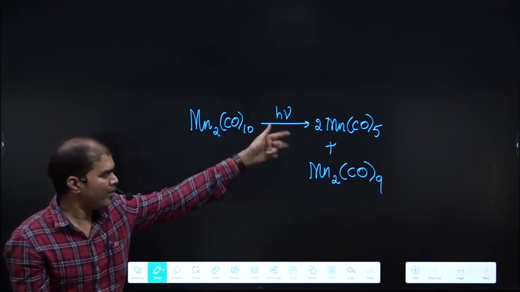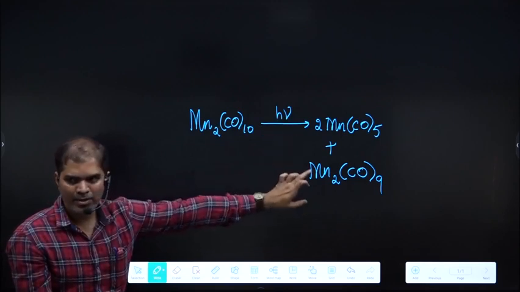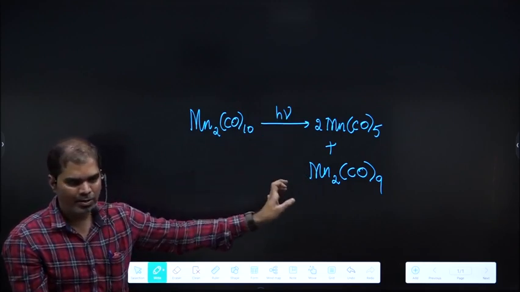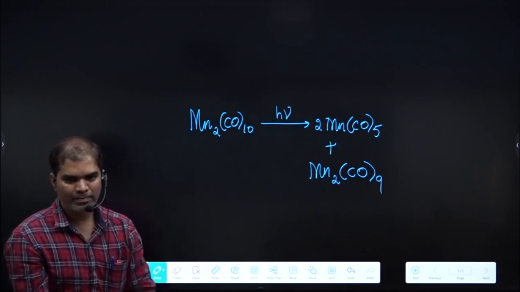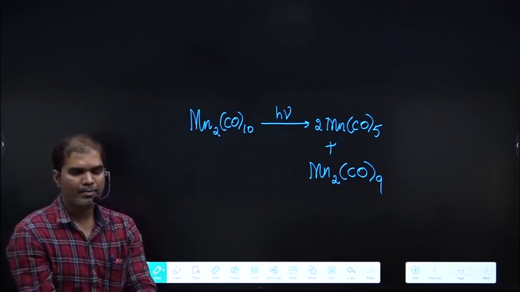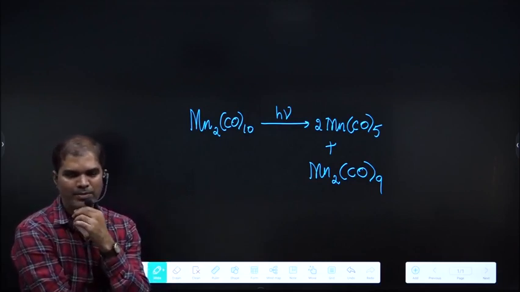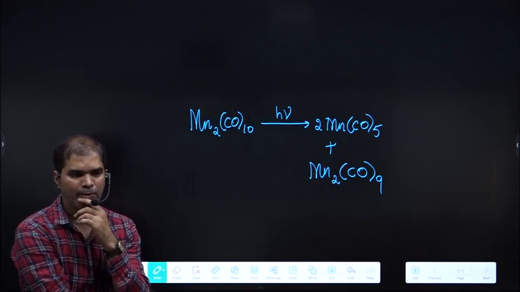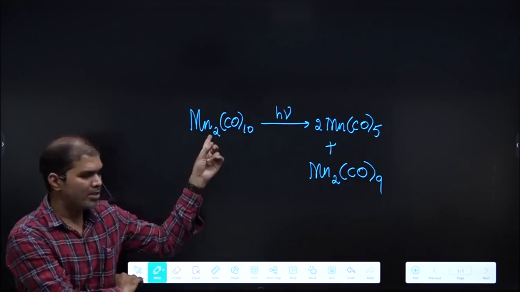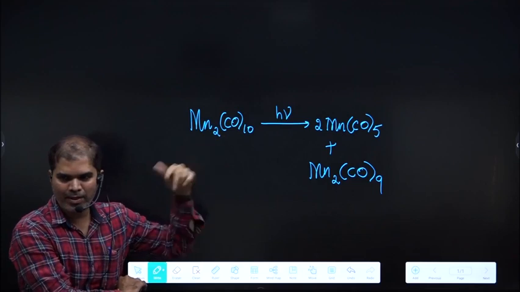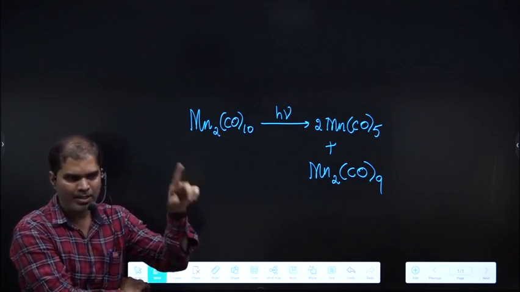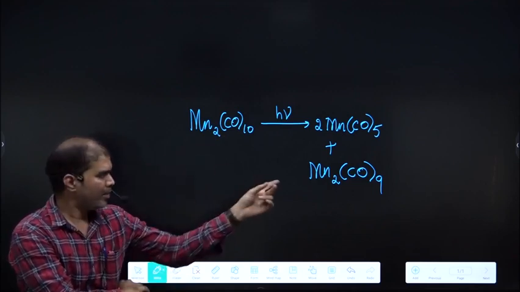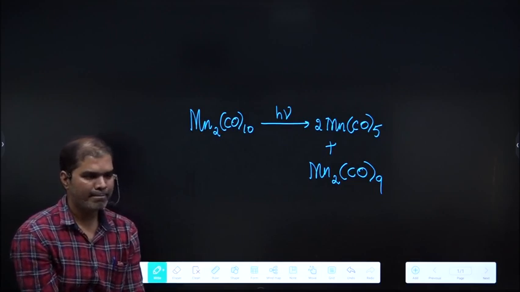Forget about the first one, MnCO5. Look at the second one. Does it obey the 18 valence electron rule? Mn2CO10 is obeying the 18 valence electron rule. We have seen the structure also. Around each manganese there is 18 electrons.